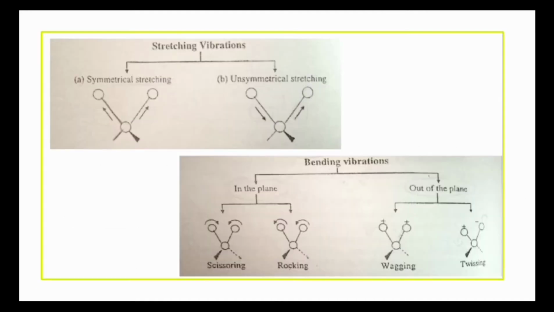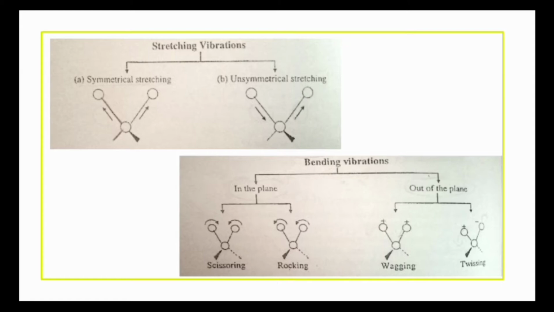Here you can see the types of molecular vibration. Stretching vibrations are divided into two types: symmetrical stretching and unsymmetrical stretching. Bending vibrations also have two types: in-the-plane bending vibration and out-of-the-plane bending vibration. In-plane bending is divided into two modes: scissoring and rocking. Out-of-the-plane bending vibrations are divided into two modes: wagging and twisting.